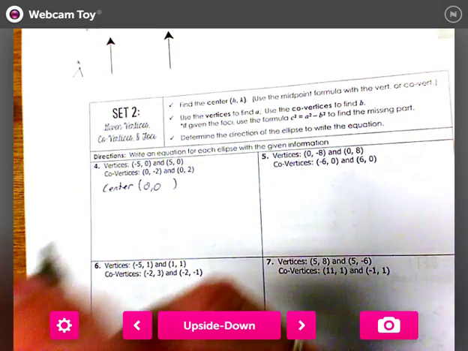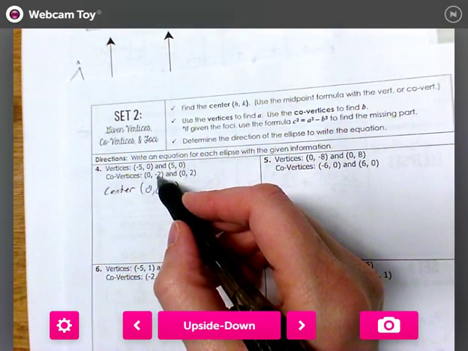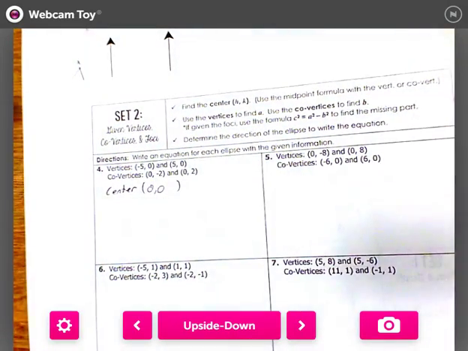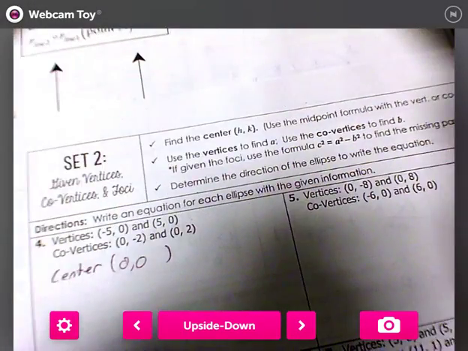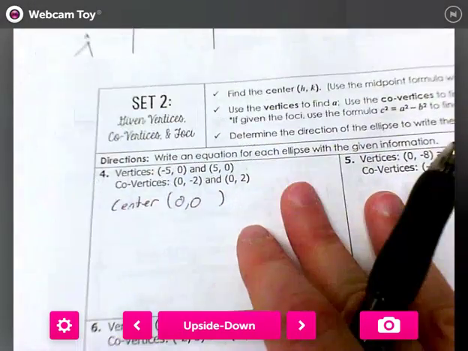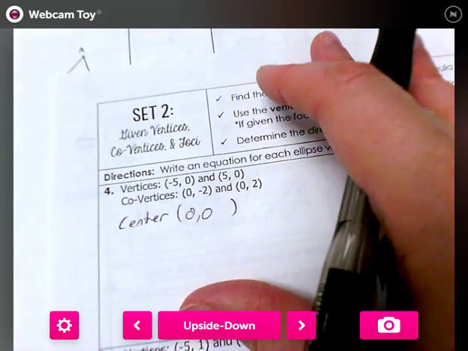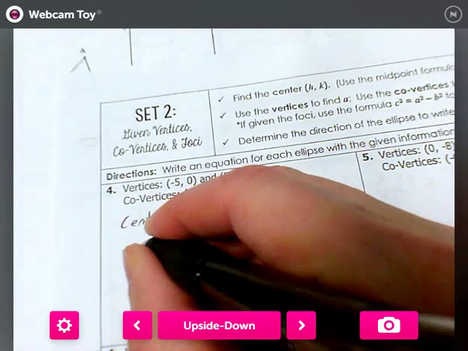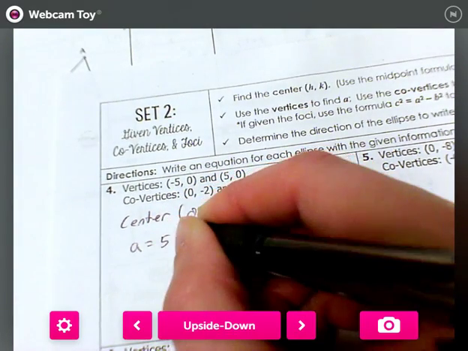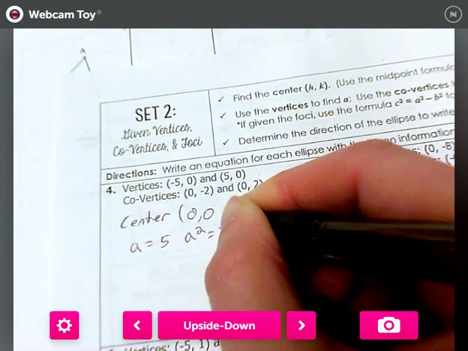Okay? Which one's bigger, 5 or 2? 5 is bigger, right? So that is going to be my a. So a equals 5, so a squared equals 25.